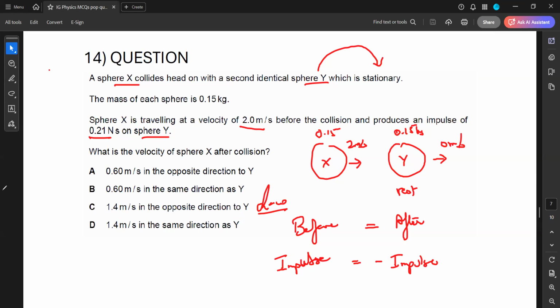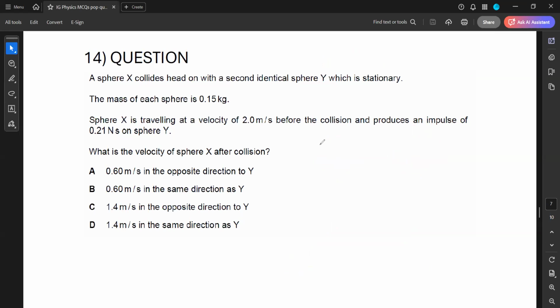So how can we solve this question? Let me draw the figure again, just to give an idea. This is X and this one is Y. Y was stationary, and X was moving at a speed of 2 meters per second.